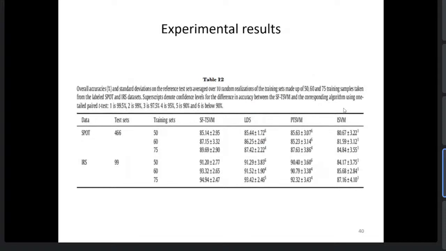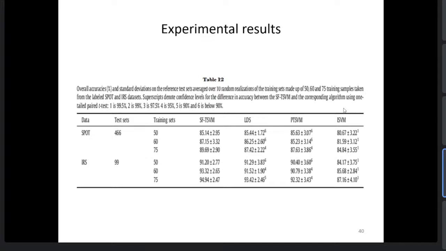These are the results obtained with the labeled data only. This is the overall accuracy and standard deviation on the reference test set, averaged over 10 random realizations of the training sets made up of 50, 60, and 75 training samples taken from the labeled SPOT and IRS datasets.